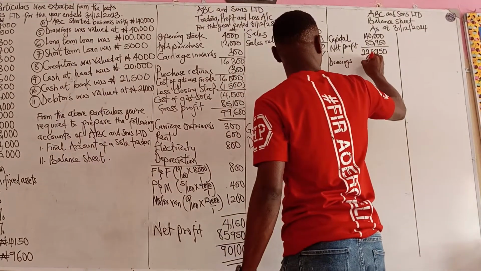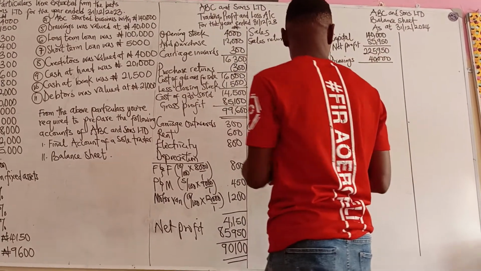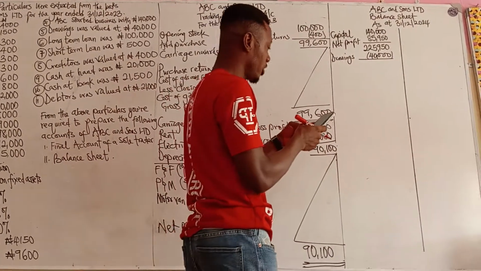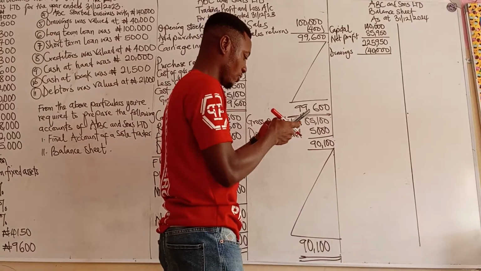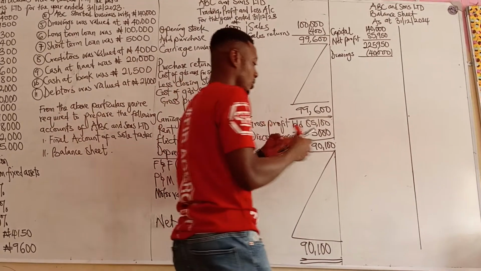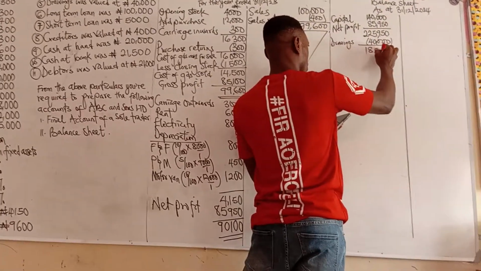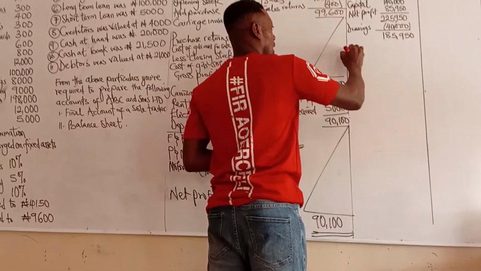Drawings is 40,000. So if we subtract this, we have 225,950 minus 40,000. Now, this gives us a total of 185,950.